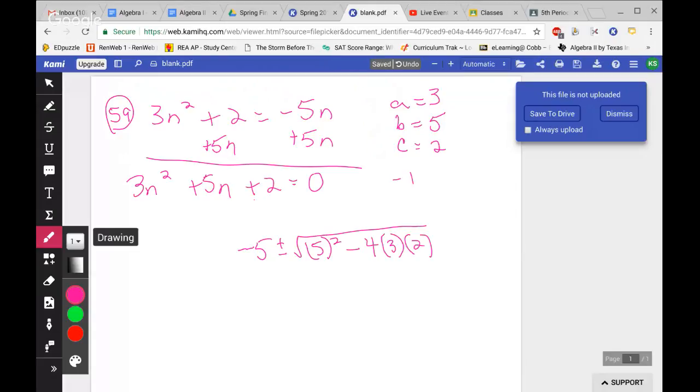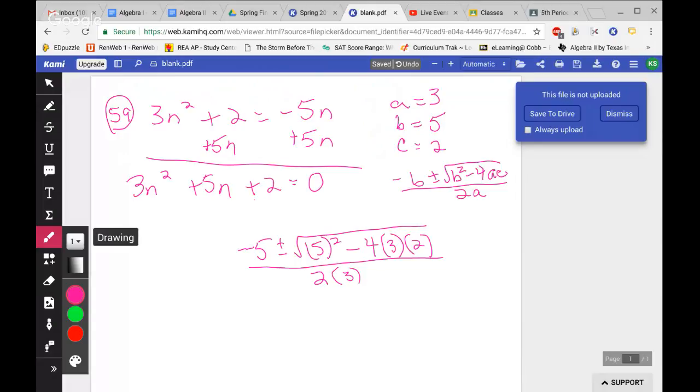I'm just going to write the quadratic formula here so that y'all understand what I'm actually filling out. And that's all over 2 times A, which is 3.